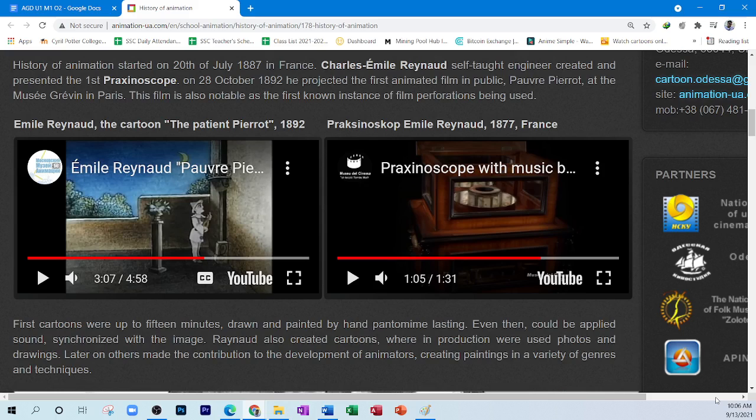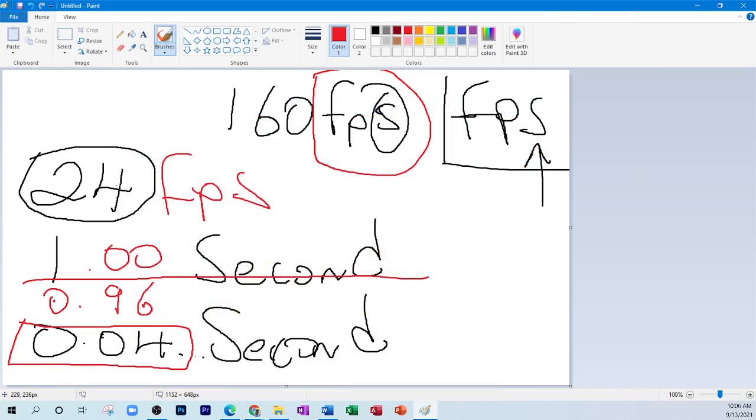So when you want an animation to be smooth, what do you need? A larger frames per second. Exactly. You need a larger frame rate. So going back to this calculation here, 24 frames per second is basically the standard.